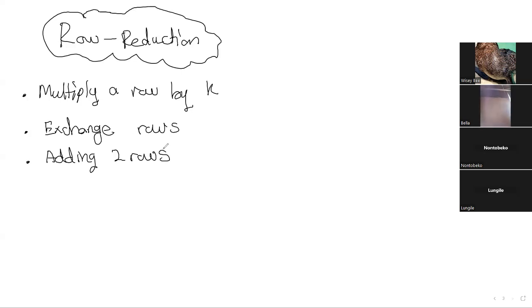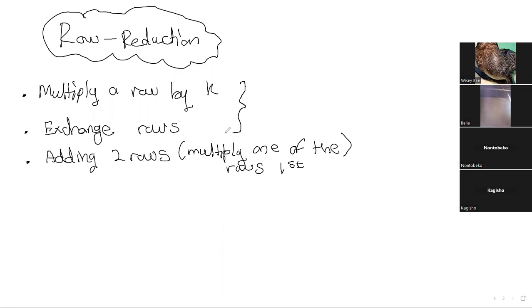Normally you'd have to multiply one of the rows first, and then you add them. So we have like 3. These are the only ones that affect the determinant.